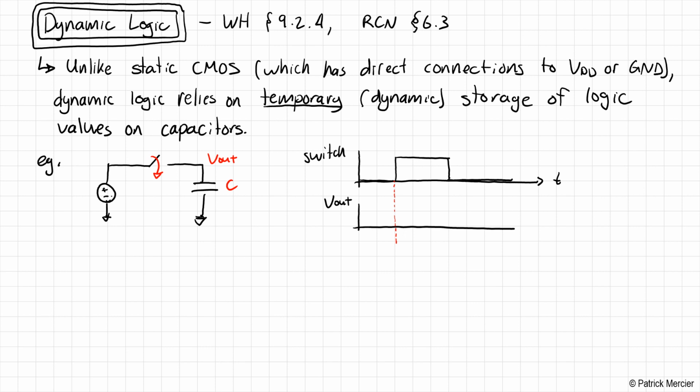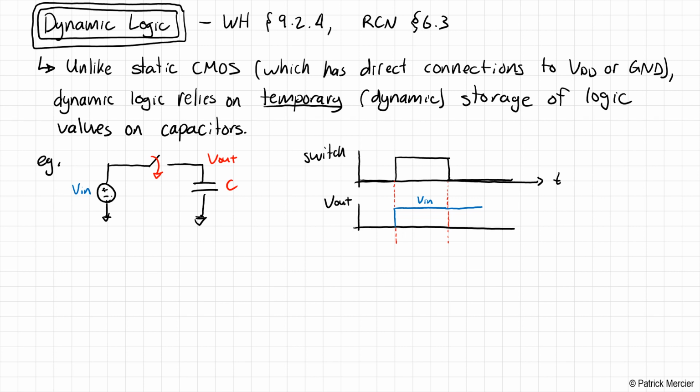Now, when the switch closes, we know that the voltage will rise up to whatever that input voltage happens to be. So if this is V in, then this will rise to V in. Now, what happens when the switch opens back up? When this switch opens back up, there's nowhere for the charge on the capacitor to go, so it should just sit there, like so.